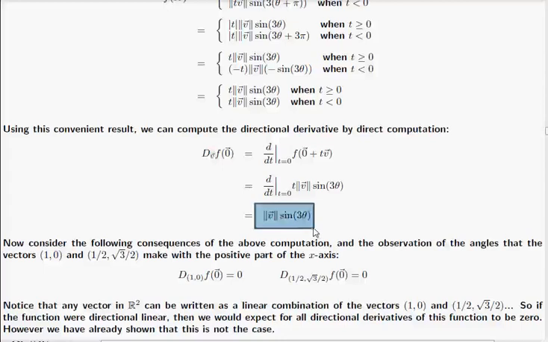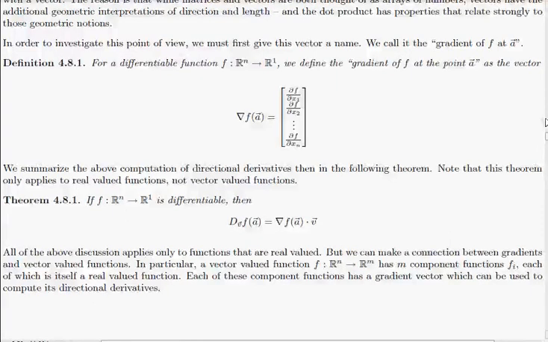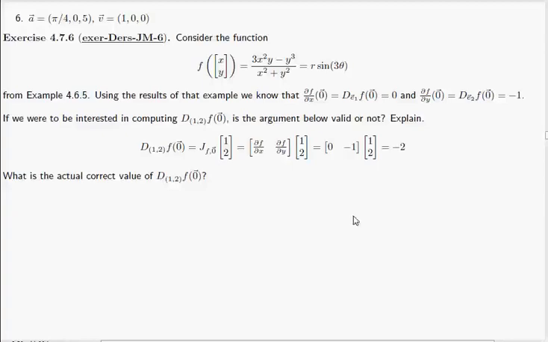This is all stuff that you can do for that velocity vector that was given. For this vector 1, 2, you can compute the angle, you can compute sine of 3 theta, you can compute the length of that vector, and multiply. This is totally computable, and it will not equal -2.